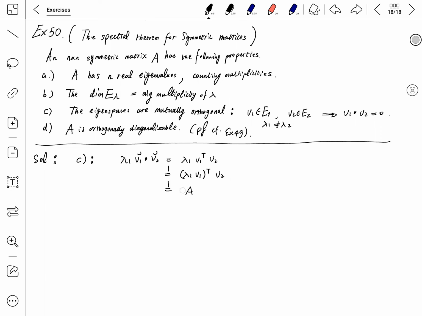And here comes the fact A is symmetric. It should be with A transpose, but because A is symmetric, this is also equal to this.